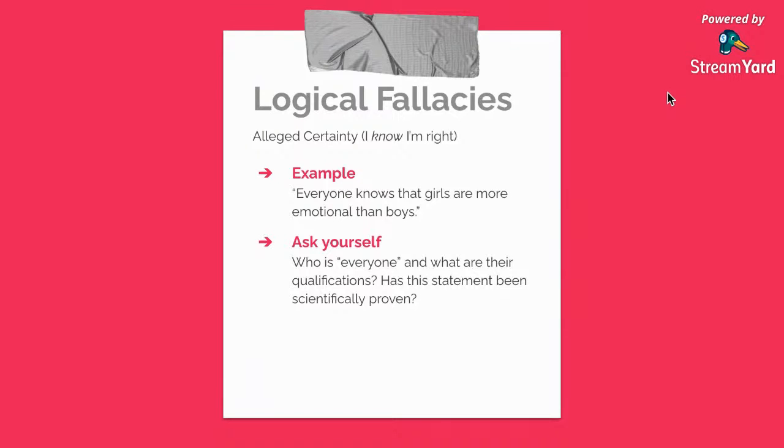There are lots of questions you could ask here. Sometimes you'll see something that says, well, they say blah, blah, blah. Okay, who are they? Who is the they? These are definitely things you need to question.